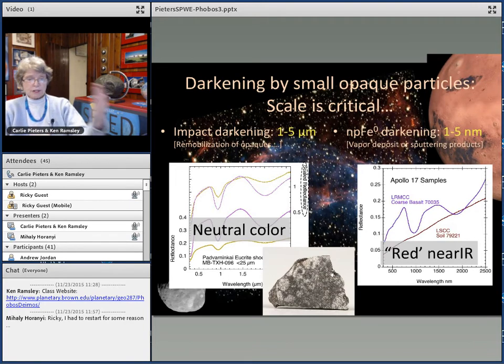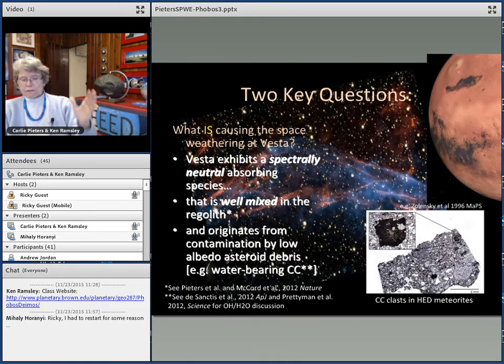And this was again shown in the experiments that I alluded to earlier. So we have a way of darkening Vesta with a spectrally neutral absorbing material that has to be well mixed in the regolith. Well, what kind of material can do that?